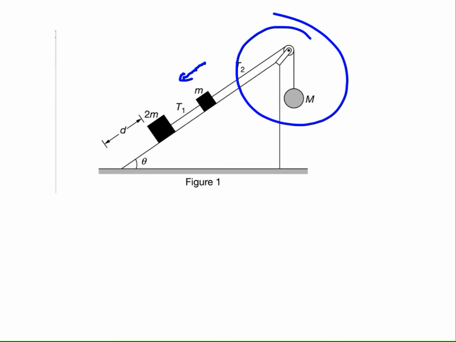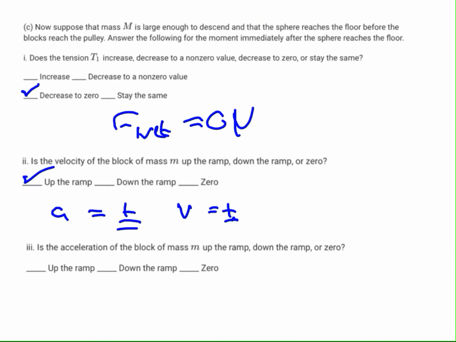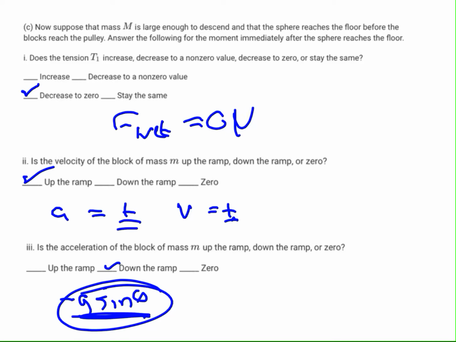If it starts to slow down while moving uphill, that means the acceleration has to be down the hill. So we're going to say down the hill. Your argument really could be that from this point on, since there's no forward force, the acceleration is going to be just some component of g. So this, arguably, would be the acceleration down the hill.